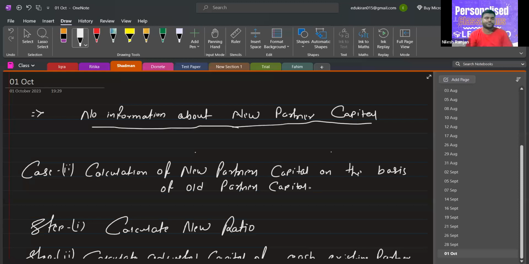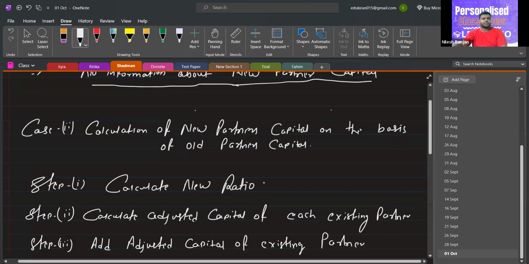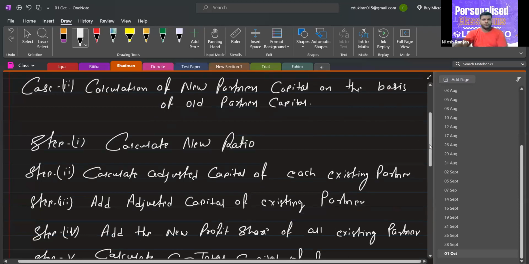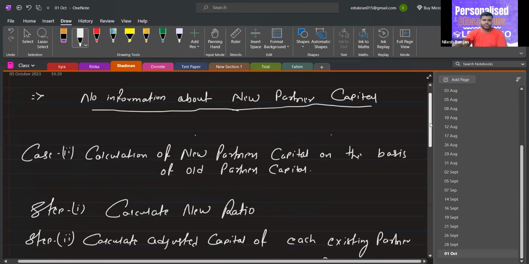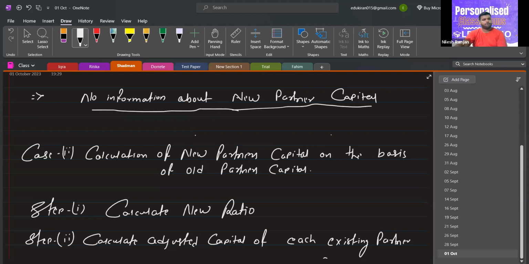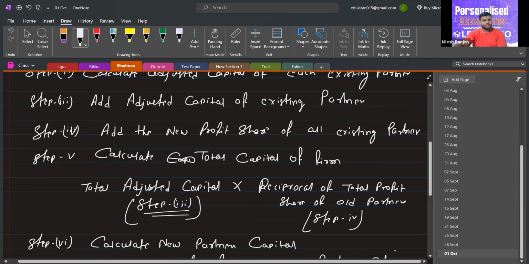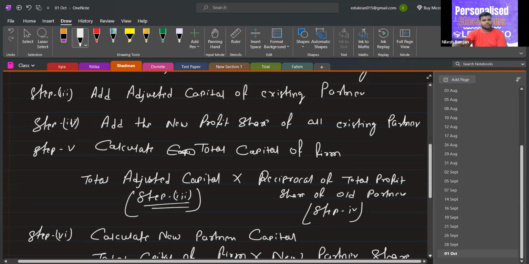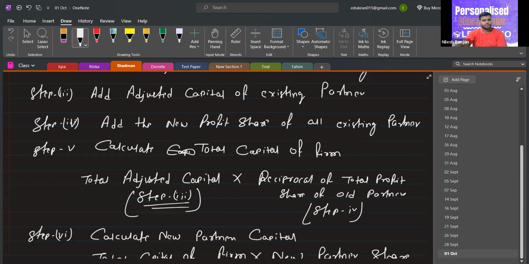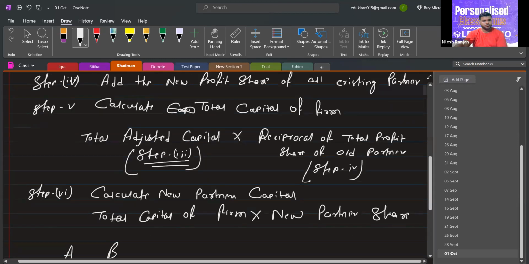Is this clear? So write it down or take a screenshot. Sir, can you scroll down? Sir, I can't see the capital. Yes, sir, done.